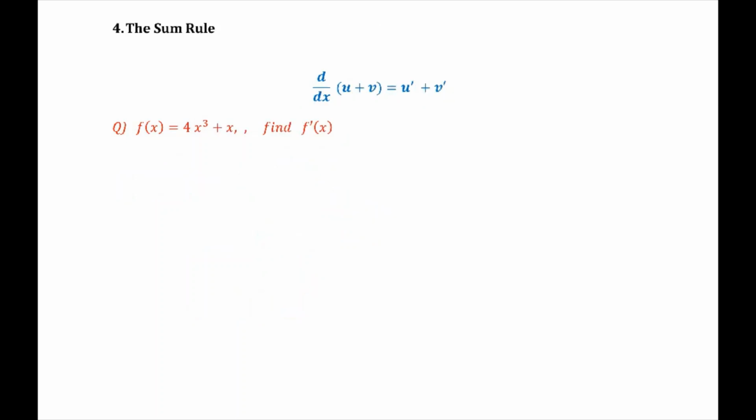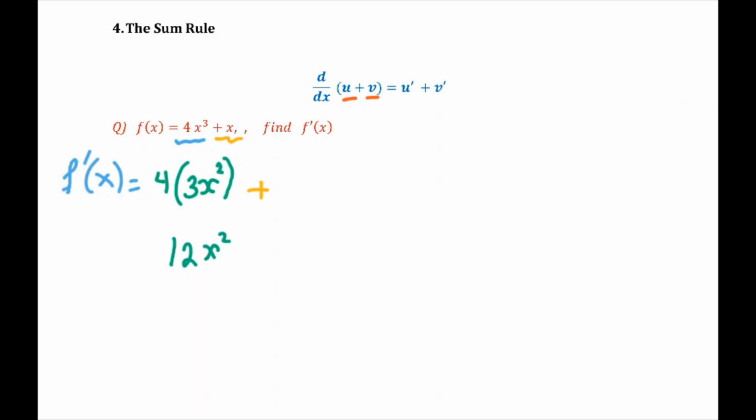Now, the sum rule, if I have two functions being added. So for example, x cubed, that's the first function, plus x, the second function. Okay, so we'll start with 4x cubed. That's going to be f'(x), 4 multiplied by 3, x to the power of 3 minus 1, which is 2, and that's 12x squared, plus the derivative of x.